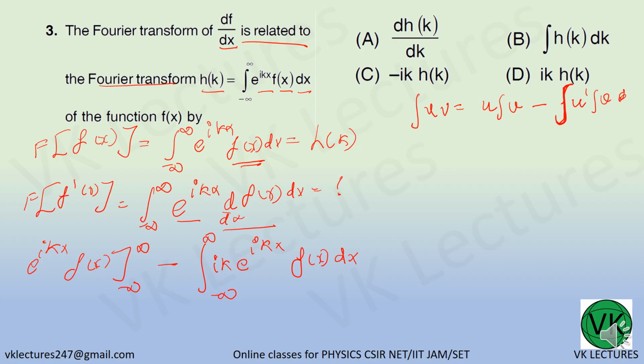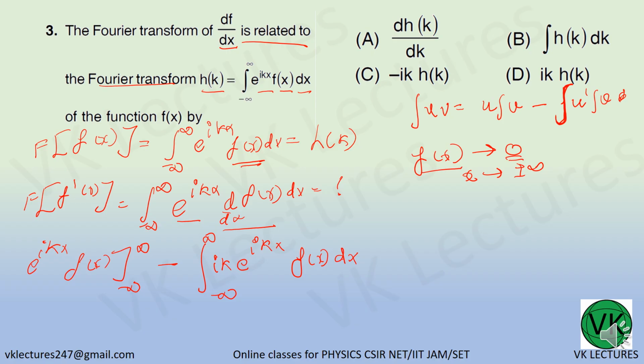Now there is a property for this Fourier transform: this function f of x tends to 0 as x tends to plus or minus infinity. That means as x tends to infinity, your function will be tending to 0.